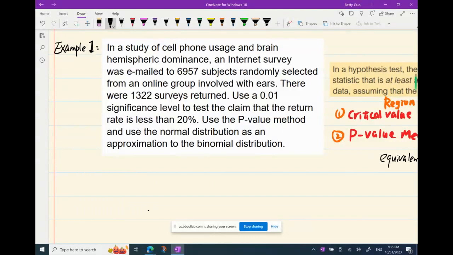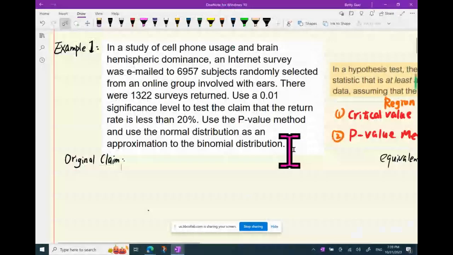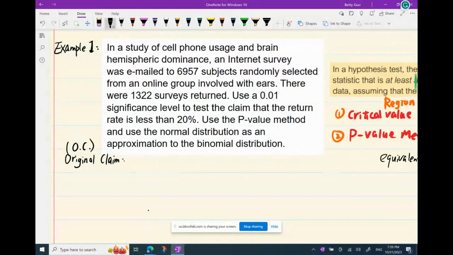Well, if I do not use the initials, it's the original claim. Our hypothesis test always starts from identifying exactly that. Thank you, Miranda. Original claim. Sometimes I would write OC, just to save time for convenience.